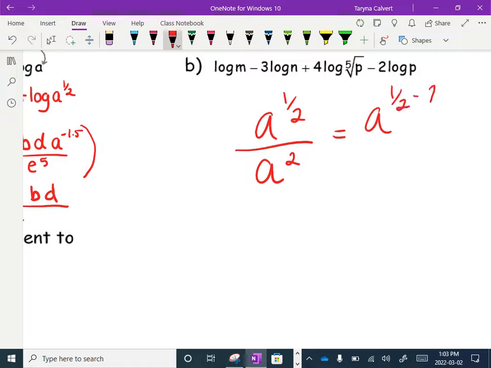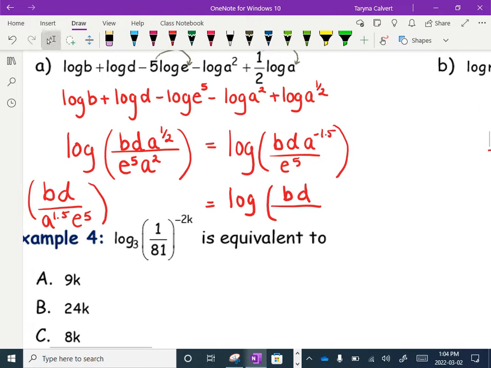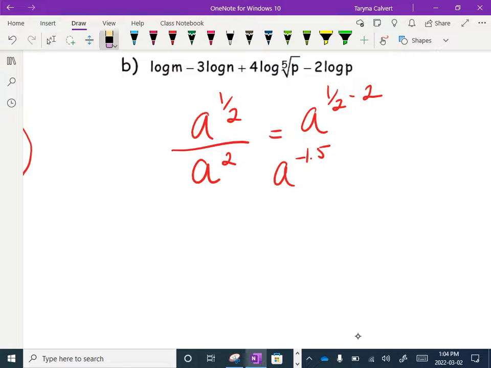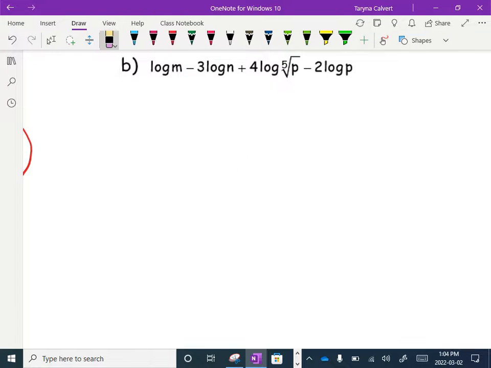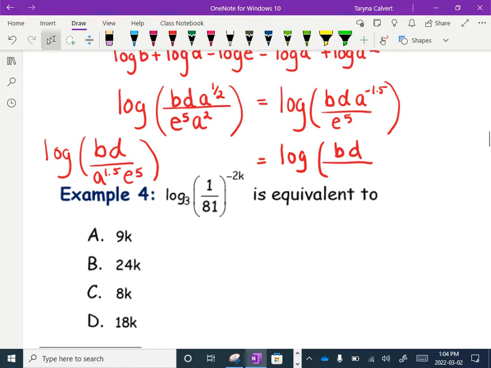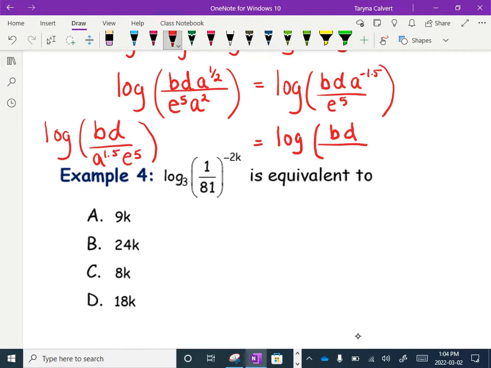We minus them, which gives me A to the negative 1.5, right? Okay, so that's where it went. So as I was saying, if I wrote this, do I lose anybody? I haven't finished yet, so let me finish this.